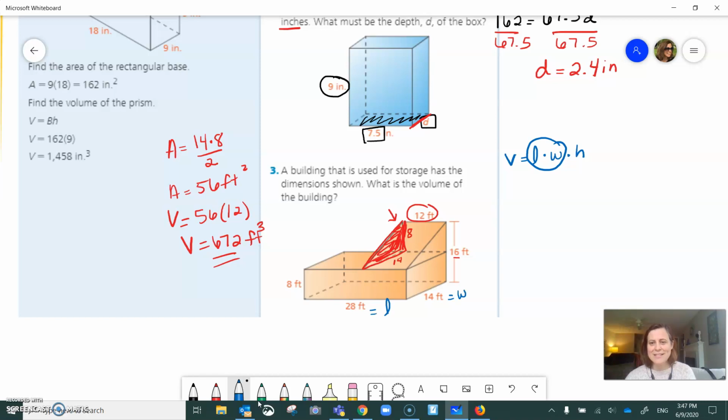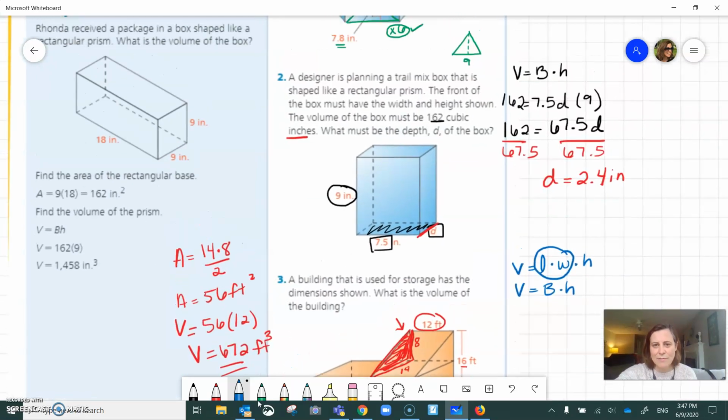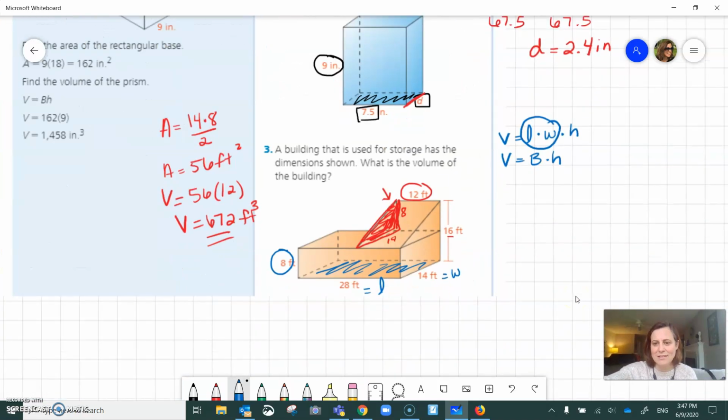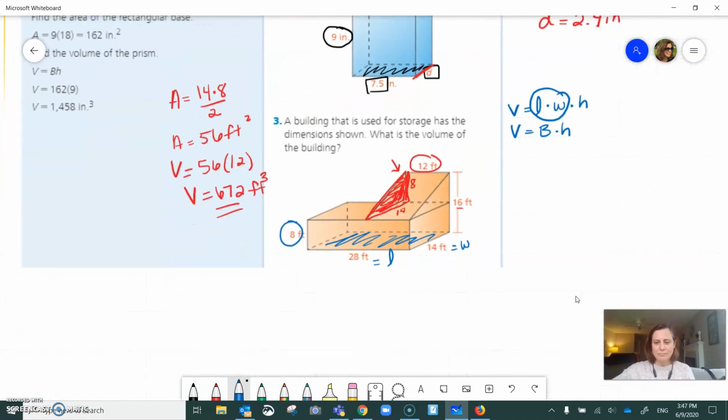So you're basically figuring out the area of that base, and once you know the area of this base, you multiply it by the height. So what I'm trying to point out to you is that that formula and this formula are exactly the same formula. Okay, so to figure this out, we're just going to do 28 times 14 times 8.